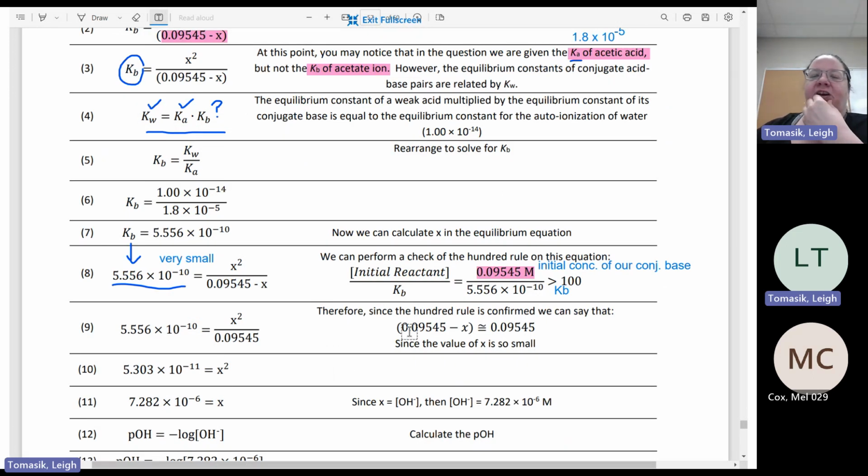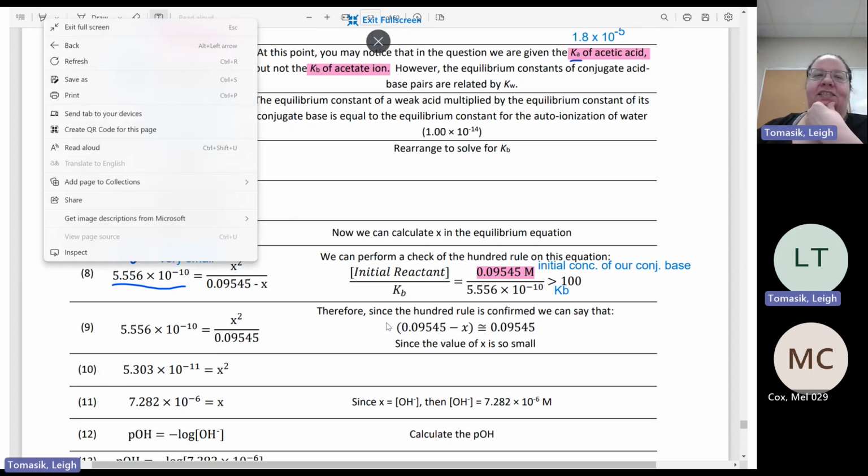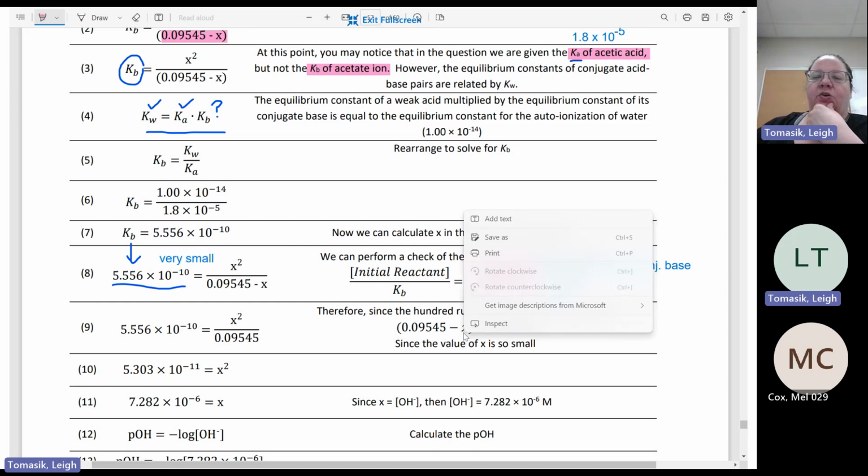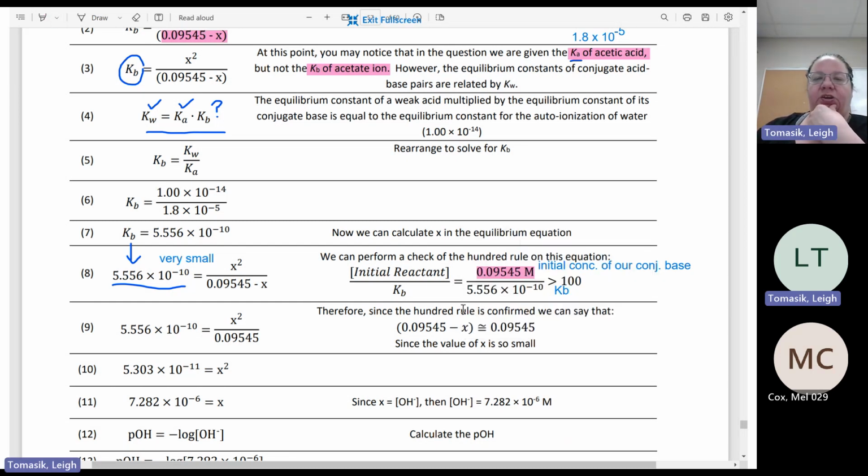So therefore, since the 100 rule is confirmed, we can say that any x's that are added or subtracted, we can get rid of. So this x here in the denominator is added or subtracted, so we can get rid of it because of the 100 rule.